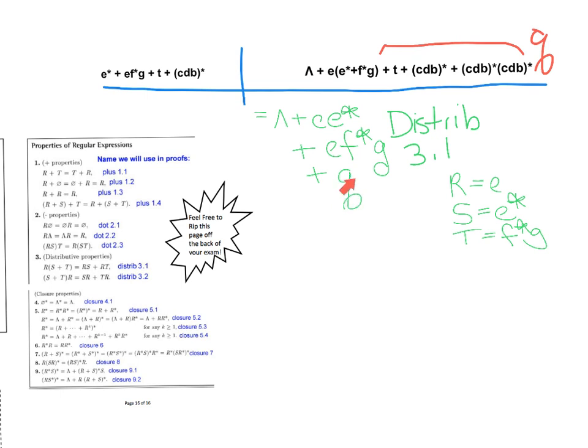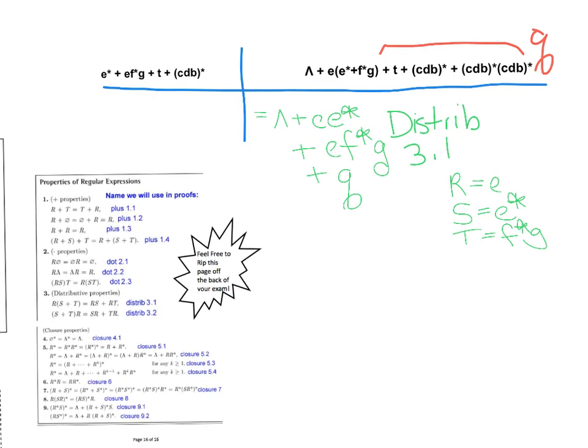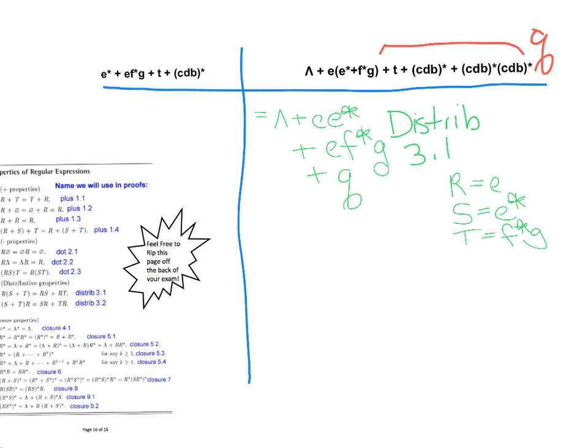Let's ignore that for a minute. And let me move this, properties of regular expressions, out so you can see what's going on over on the left. So now I have lambda plus E times E star on the right, plus EF star G plus the rest of the stuff. And that EF star G looks good, right? That looks exactly like what I want.